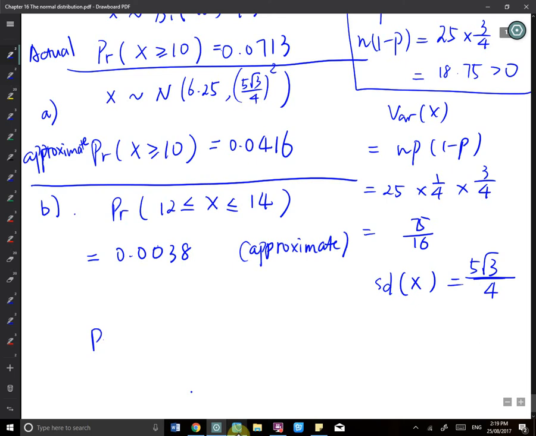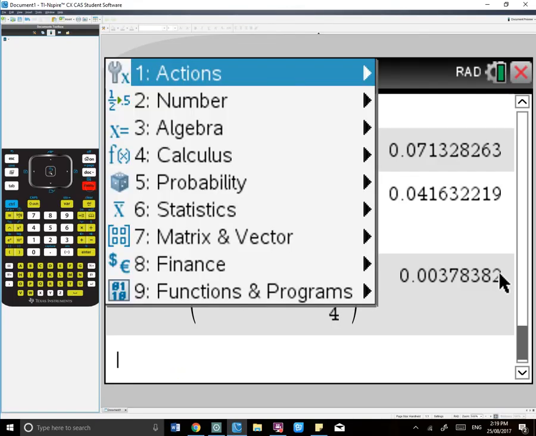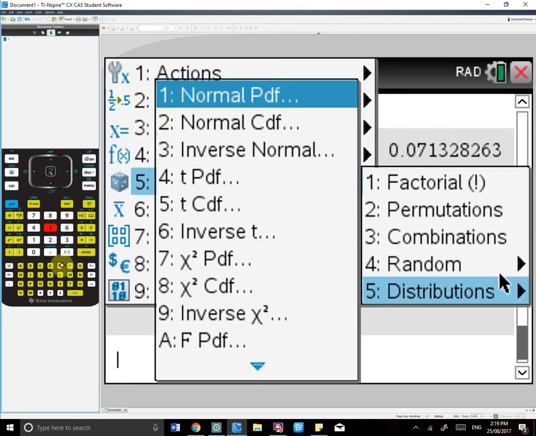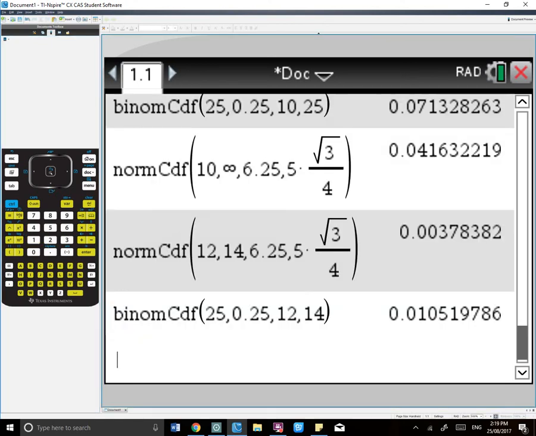Again, what is the actual? The actual is menu 5 5 E. Number of trials is 25, success rate is 0.25, lower bound is 12, upper bound is 14. Is that value quite far away?